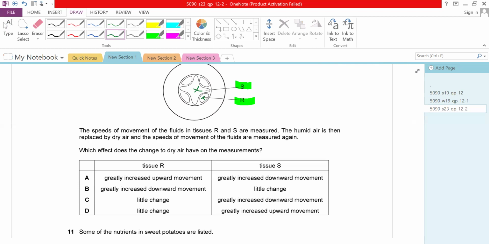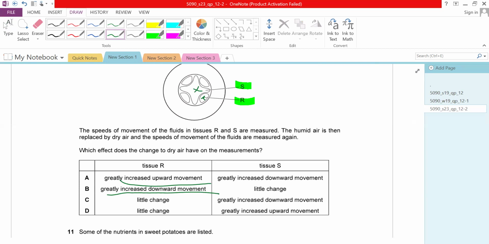In tissue R, phloem, when the humid air is replaced by the dry air, in xylem vessels there is a great increase of upwards movement, while in the phloem there is a little change. Because we are given two options, one the great increase in upwards movement or the greatly increased downward movement. And here we are also given this option.